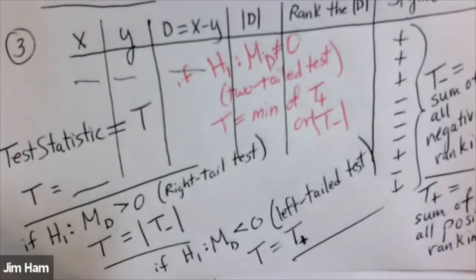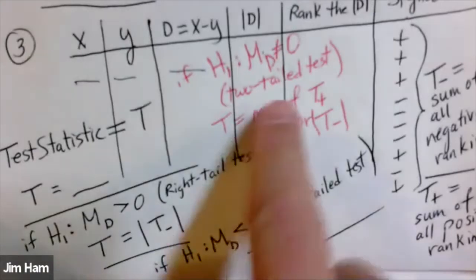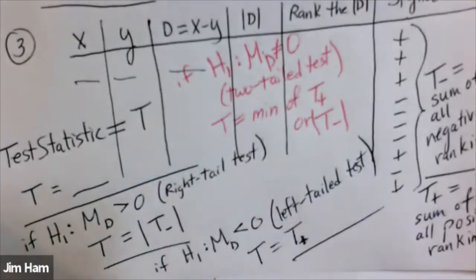So the test runs similar to the one sample sign test, where if you have a one-tailed left, you use number of pluses, one-tailed right, you use number of minuses, or vice versa, and then for the two-tailed test, you use a minimum.